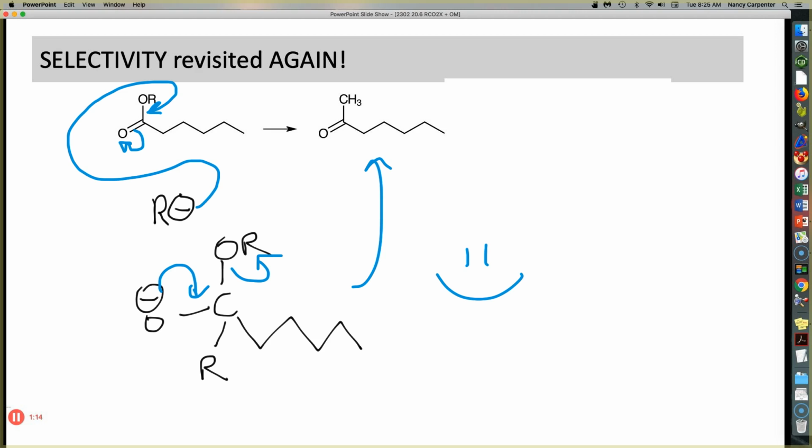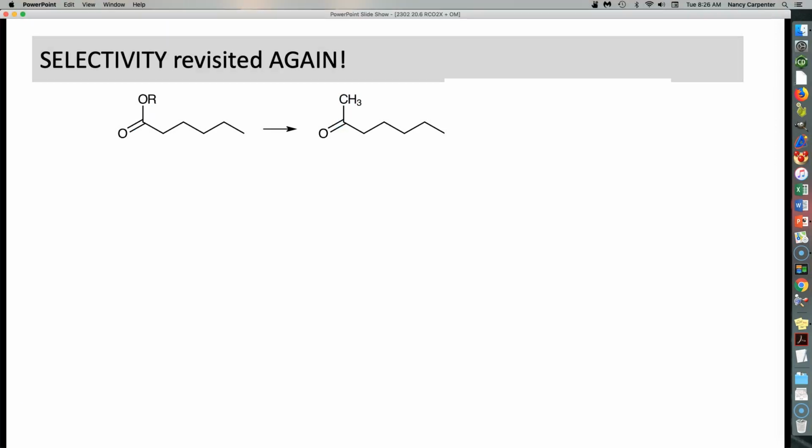That would make us happy. New carbon-carbon bond, great functional group that we can do a lot of fun things with, but turns out that we can't make it stop.